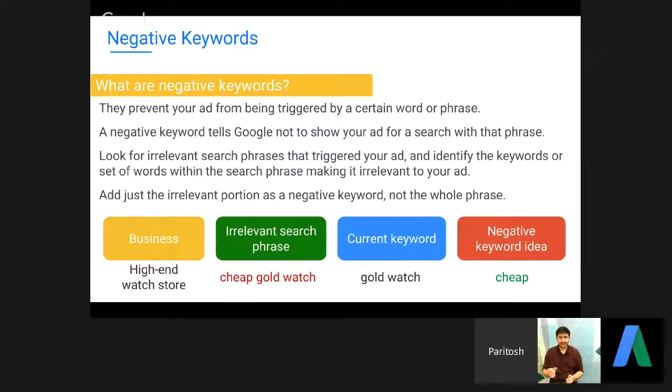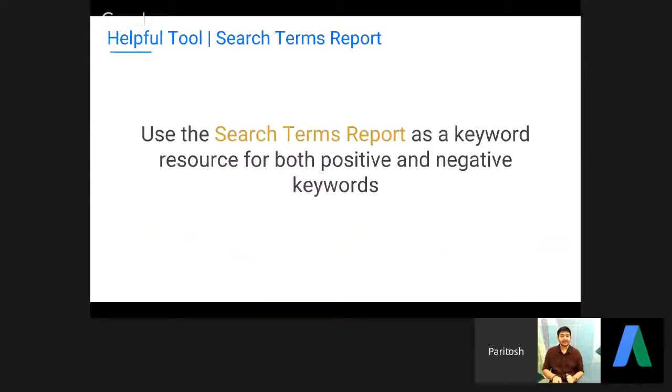The word cheap is something which should ideally not be searched on Google for our ad to trigger. So what we simply do is we analyze every search term, which we'll discuss in the next slide, by the way. We analyze every search term, find things in the search term which are not relevant for us, and have them as negative keywords.